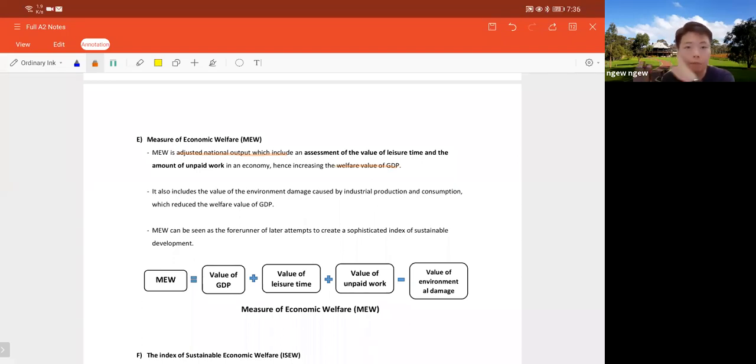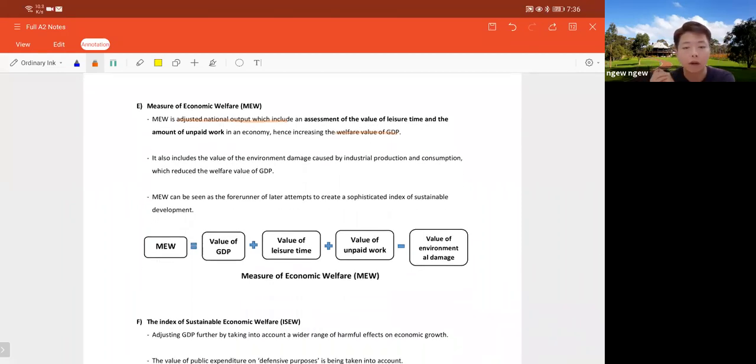version of GDP indicator. Because we mentioned where GDP doesn't include environmental damages, in MEW, we use the value of GDP to minus off the value of environmental damages. And since we mentioned whereby GDP doesn't capture non-marketed goods and services, in MEW, we include the value of non-marketed goods and services. And also, since we mentioned where GDP doesn't reflect the amount of leisure hours or working hours, here we include the value of leisure time as a plus point to GDP.